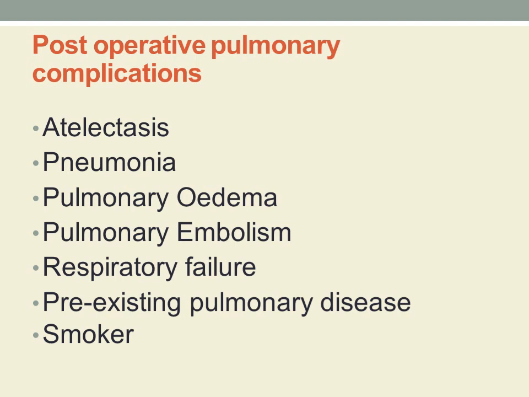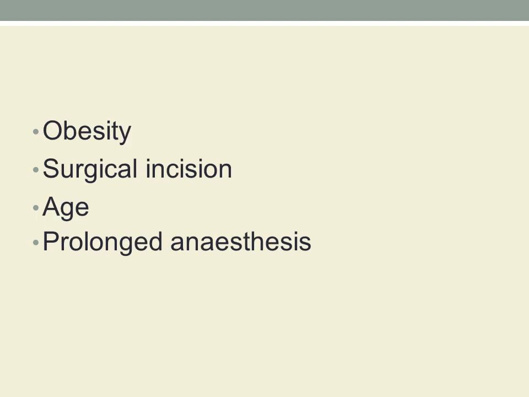That comes back to the physiology, which causes the collapse of the lung, more stress on the lung. The surgical site also increases the risk. Advancing age can increase the risk of atelectasis. This is the closing capacity.